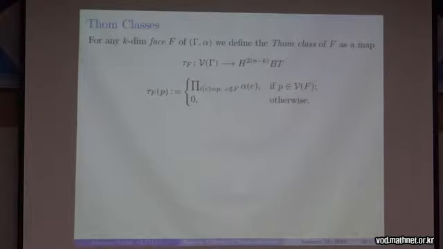That's going to be one of these piecewise polynomials, mapping certain polynomials to the vertices of gamma. It will be 0 if the vertex is not inside the face F. If it is inside F, we take the product of the labels emanating from p that are not inside F. Okay, so hopefully we'll see an example of this later.